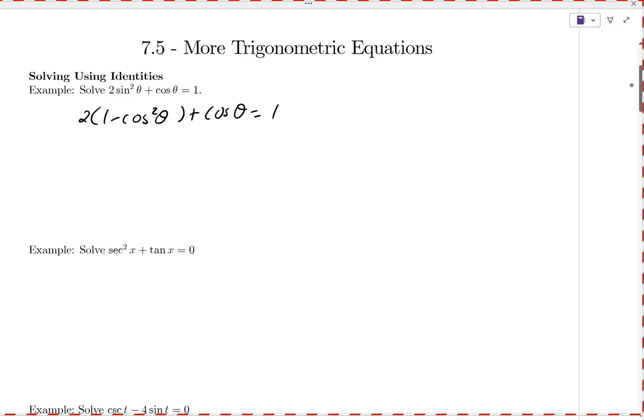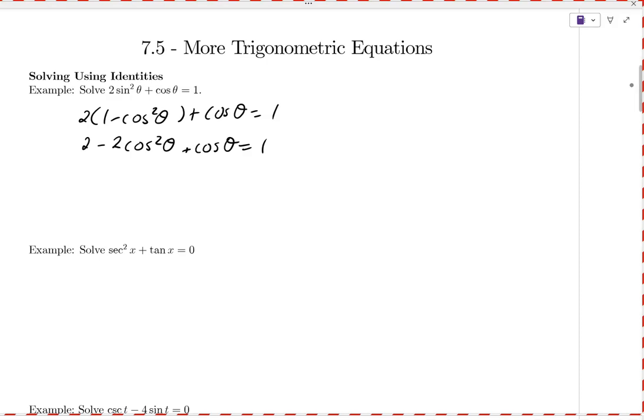And now this looks a heck of a lot like the equations we were doing last time, doesn't it? Right? We tried to factor it if we can. So distribute the 2 through here. So we get 2 minus 2 cosine squared theta plus cosine theta equals 1.